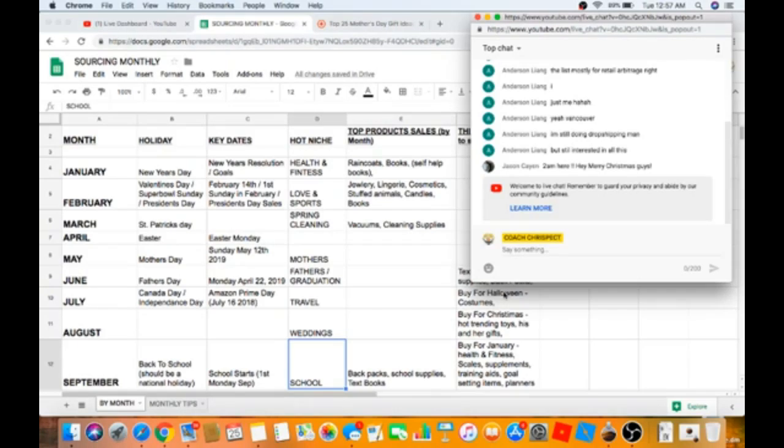And I'll tell you another reason. In the world of retail arbitrage, the complaint most RA sellers have is getting consistent sources of inventory. You may find a wicked product, but you may only find 50 of them or 100, or a couple hundred, and it takes you months and months of driving around and then sending your inventory and then driving around.